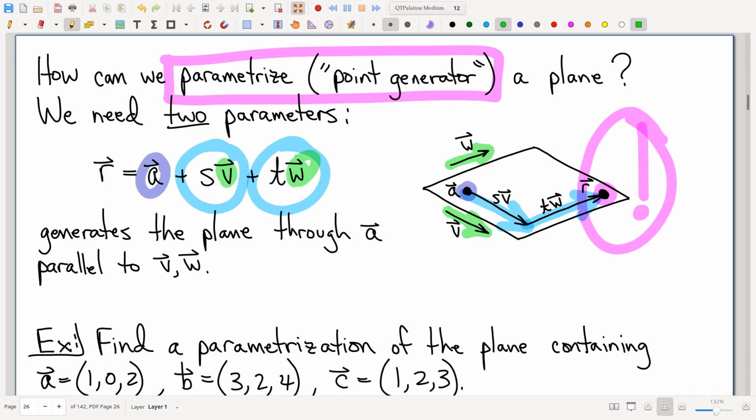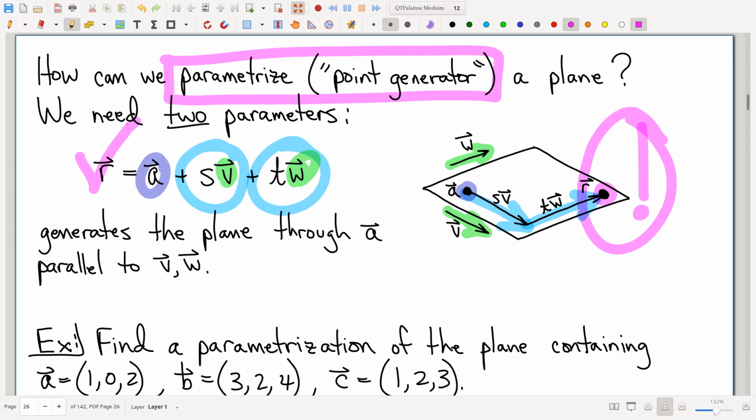And if you start in the plane and then you move parallel to the plane, you will remain in the plane. Right? And furthermore, wherever you are in the plane, you can get to by this sort of strategy. So this parameterizes the plane, boom.